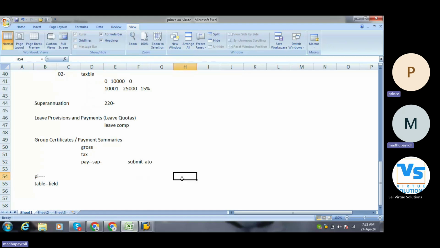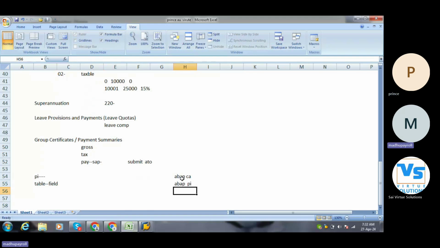So there is one thing here: ABAP, ABAP CA, ABAP PI. Why am I telling this? In 2007, when I worked for the Australian payroll, they asked, do you want an ABAP or ABAP CA, ABAP PI? What does it mean?